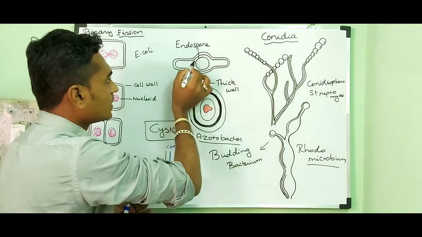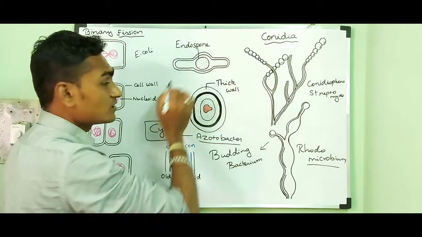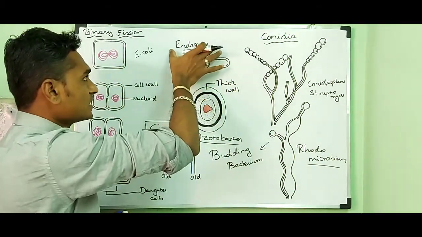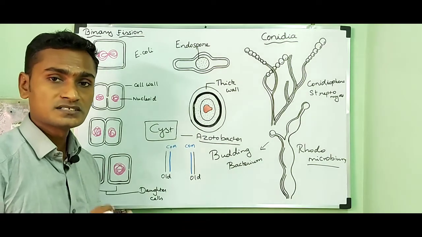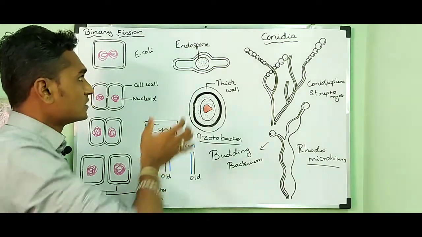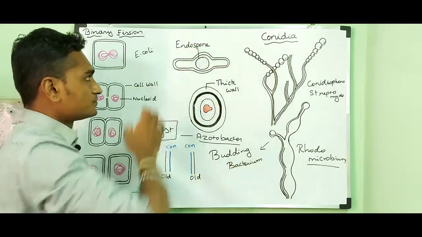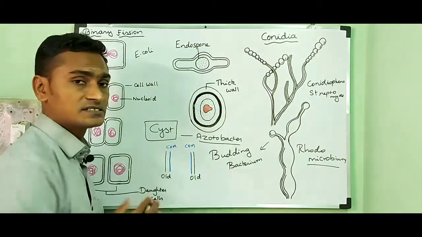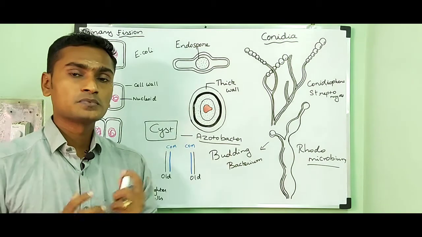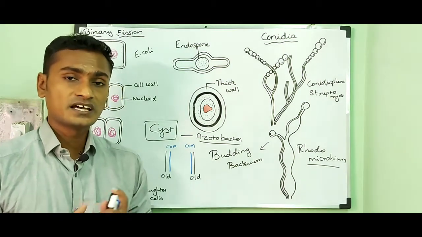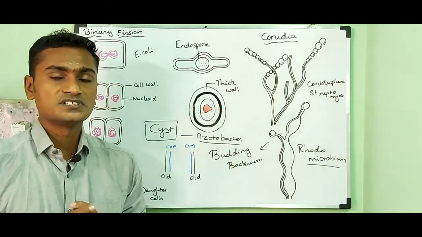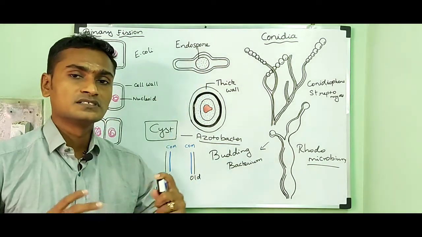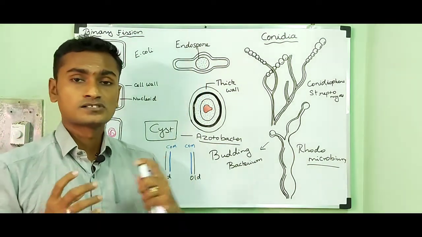This is a spore which develops inside the bacterial cell, that is why it is called an endospore. The endospore can protect the bacterial cell from unfavorable conditions like desiccation and starvation. Desiccation means dryness.